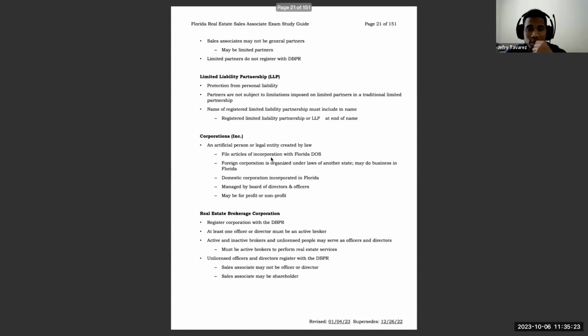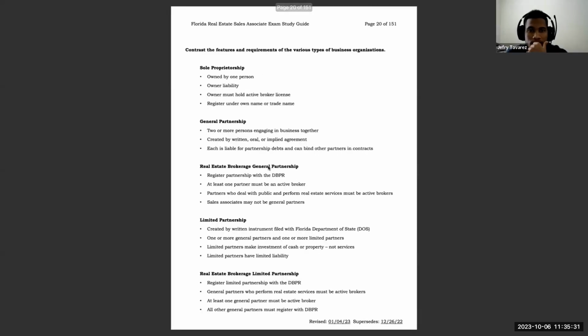That's a corporation sole, as opposed to a sole proprietorship. A corporation sole cannot be a brokerage. Remember, that's a religious entity. Sole proprietorship is just one person acting as themselves, with a trade name and social security number. No separate entity.